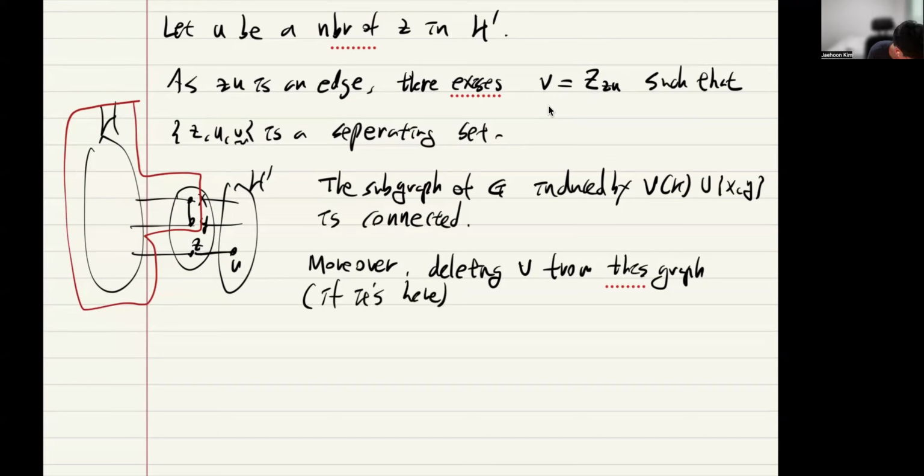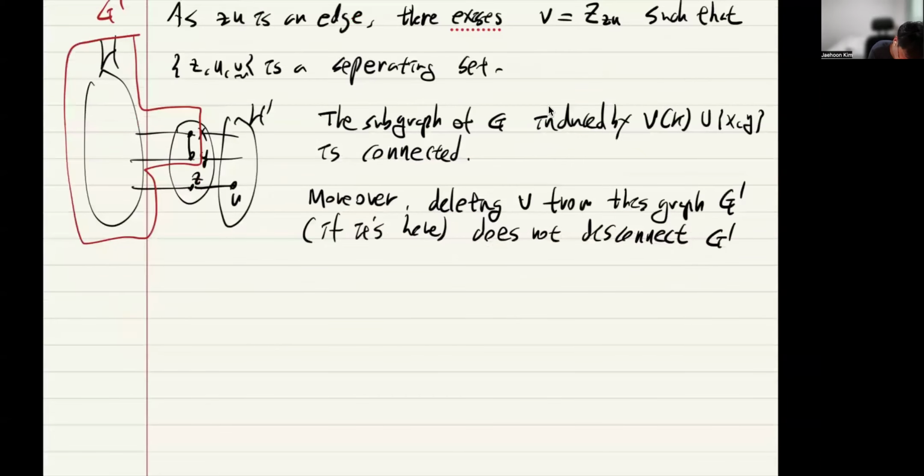If not, we don't have to delete anything. We know that this does not disconnect. Let's give a name to this graph, say G prime. This does not disconnect G prime.